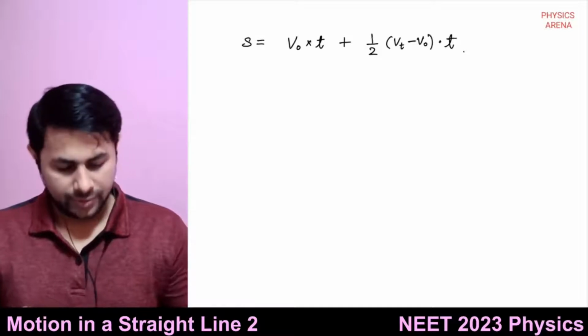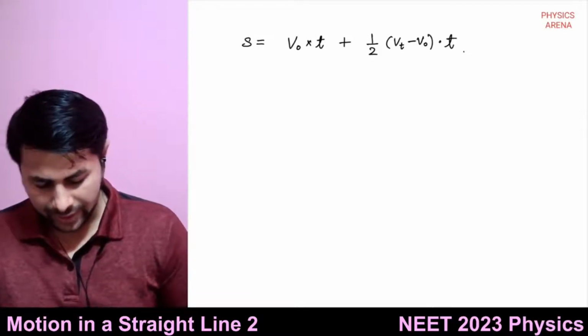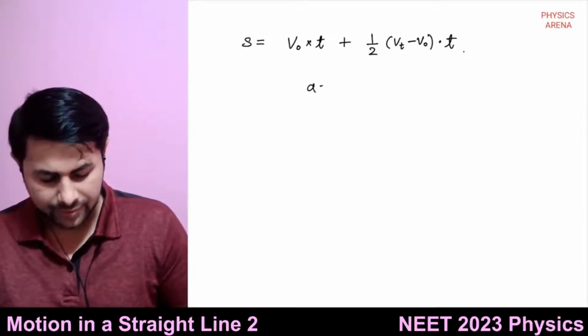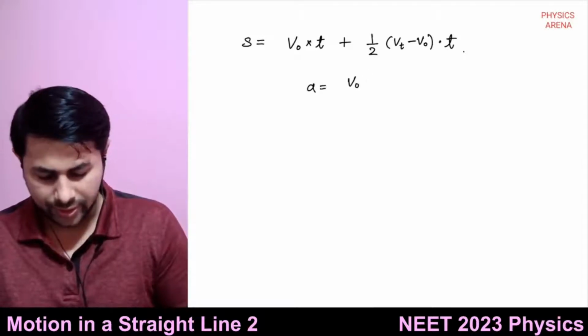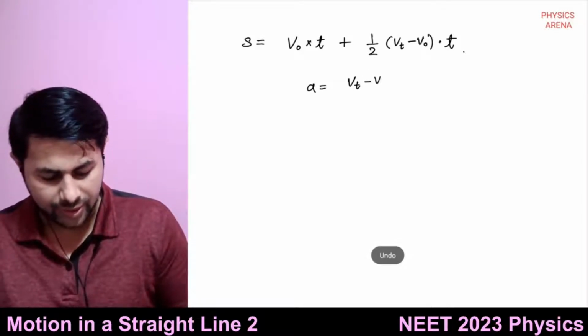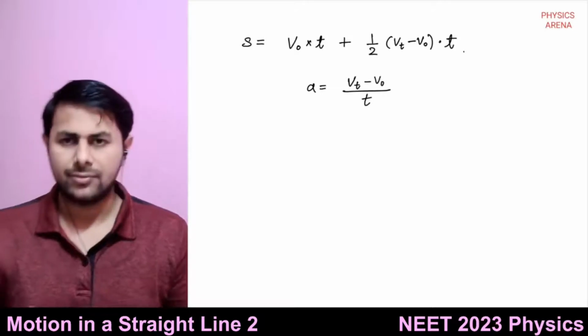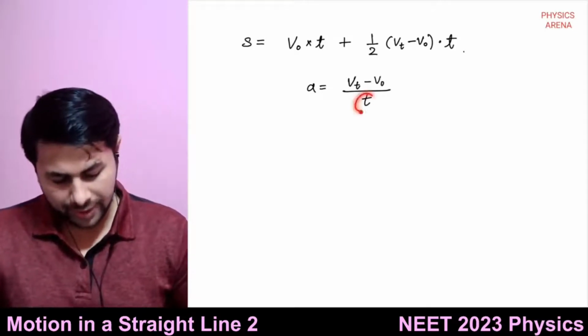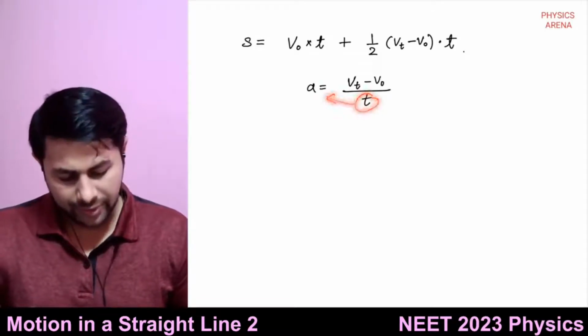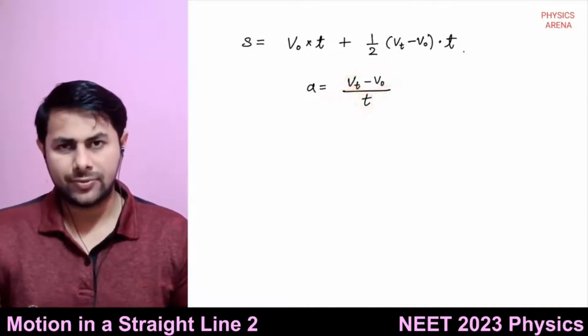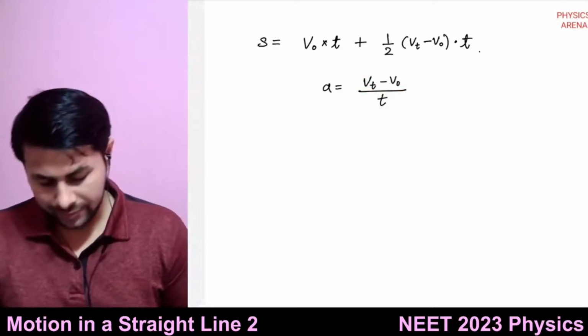After that, I know that acceleration is equal to Vt minus V naught divided by t. If I take this t to the other side, I will get Vt minus V naught equals A times t.